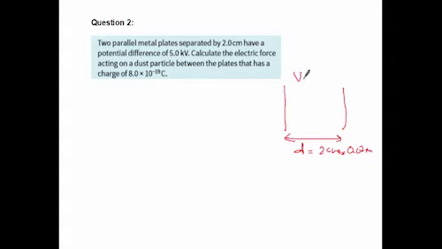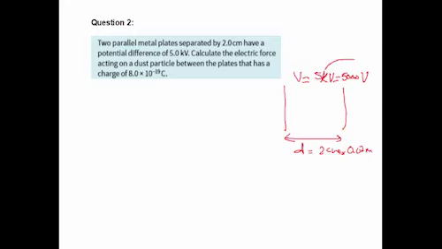So V between the 2 plates is 5 kilovolts, and if we are going to convert it to volt, multiply it by 1000 or 10 to the 3, so 5 times 1000 will give us 5000 volt.